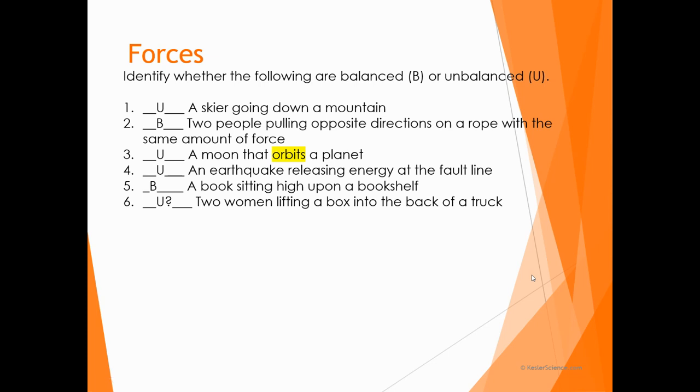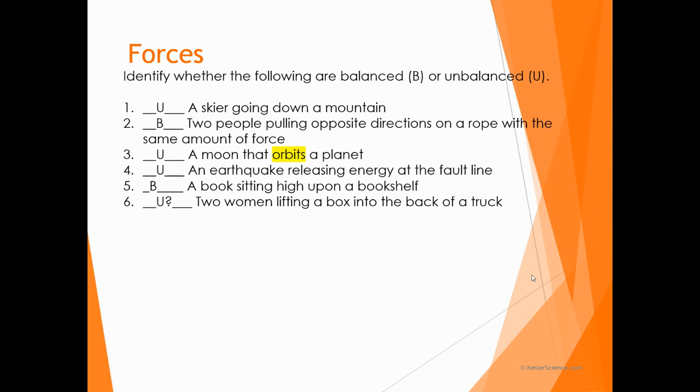Number 1 is unbalanced because the skier is going down the mountain, and as you go down a mountain, your speed's going to increase. Number 2, two people pulling opposite directions on a rope with the same amount of force. That should be balanced. Number 3, a moon that orbits a planet. Well, it's orbiting, so it's going in a circle, which means it's not a straight line, so it's unbalanced.